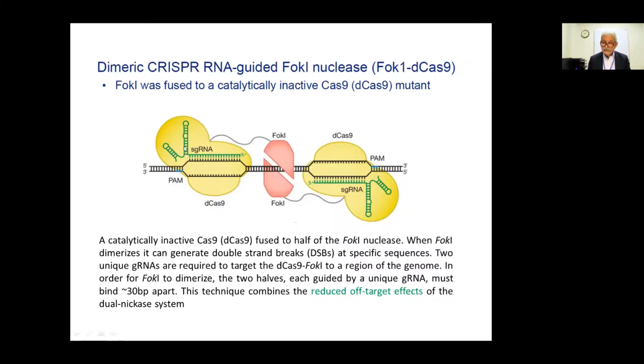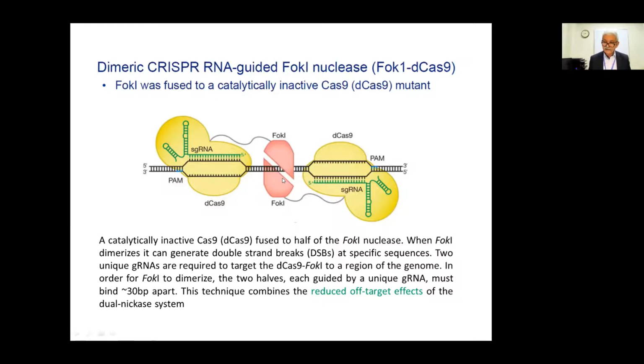So the Cas9 joined to the monomer of fork1 will not cut the DNA until another set of Cas9 and gRNA having a monomer of fork1 comes close, joins there, and the two monomers are aligned together to make a dimer. And when the dimer is formed, it will cut the DNA at that particular position.